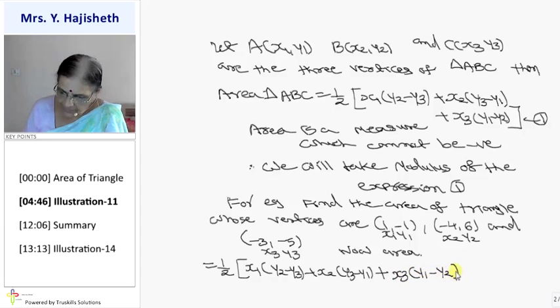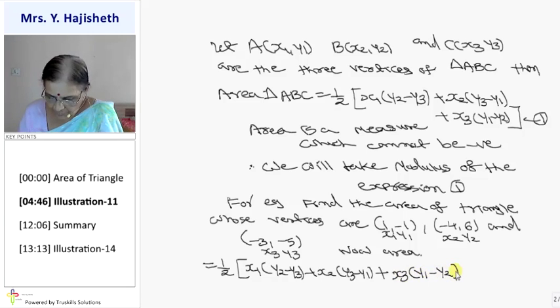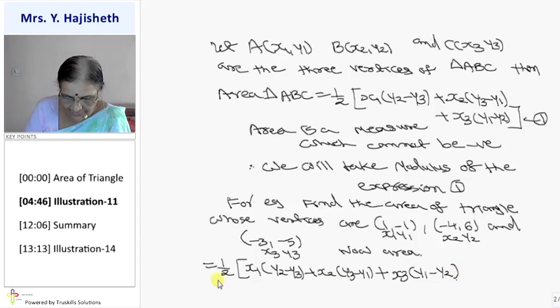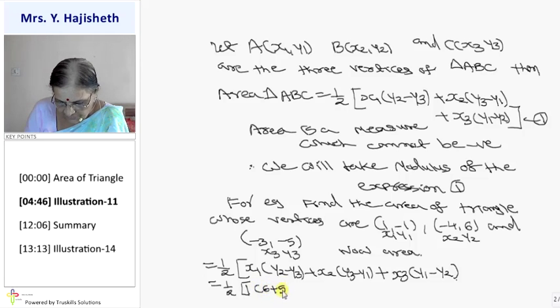Clear? Now put the values. When you put the values of x1, x2, x3, y1, y2, y3, I will get 1/2 times in bracket: x1 is -1, y2 minus y3, 6 minus of -5 is +5. Plus x2 is -4, y3 is -5, y1 is -1, so minus +1.